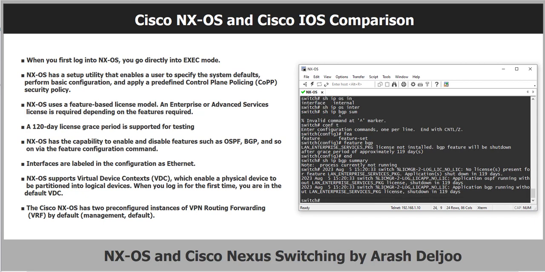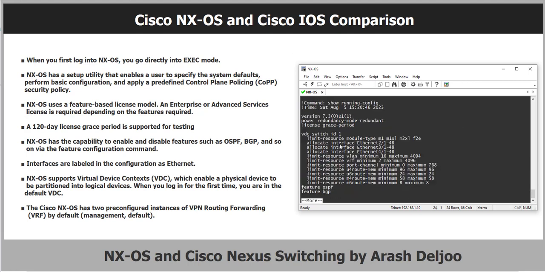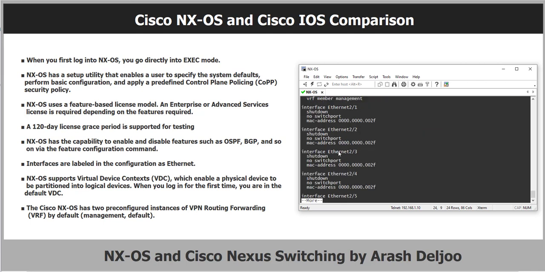After that, interfaces are labeled in the configuration as Ethernet. Look at here. If you check show running-config, you will see in the running config we have interface Ethernet, not FastEthernet, not GigabitEthernet or 10 Gigabit Ethernet or more. Actually, interfaces are labeled in the configuration as Ethernet.